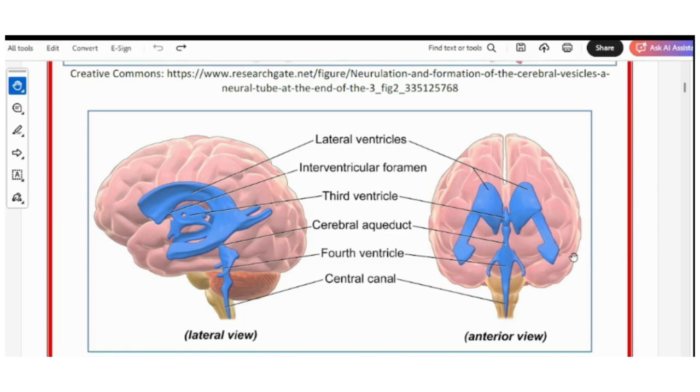From there, how the neural tube gets into spinal cord formation. From there, how the head and brain are formed. Then we saw how ventricles are formed. So that was till this part of the lecture.